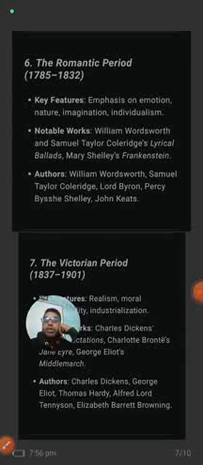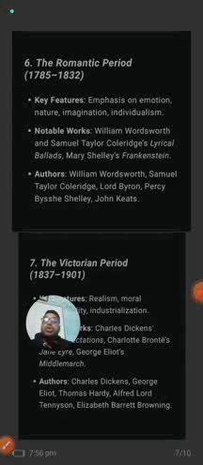But this is the round figure, 1785 to 1832. It was also dated differently by some famous writers and historians in different ways. This is the round figure date, and this timeline also has logic for the starting of the Romantic period.